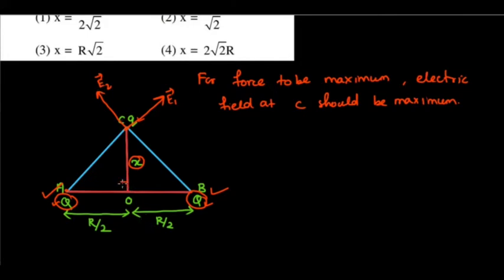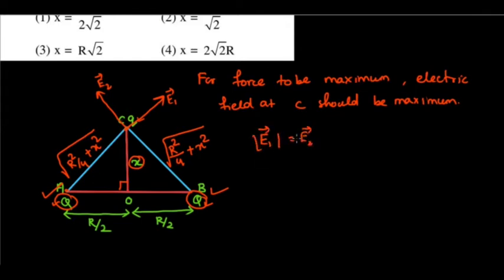So this angle is 90 degrees. If you apply the Pythagoras theorem, then this distance AC will be how much? Square root of R square by 4 plus x square. Similarly, this distance is also the same, square root of R square by 4 plus x square. So E1 and E2 will have the same magnitude, and what is the magnitude?